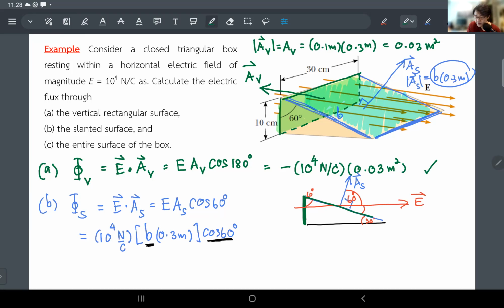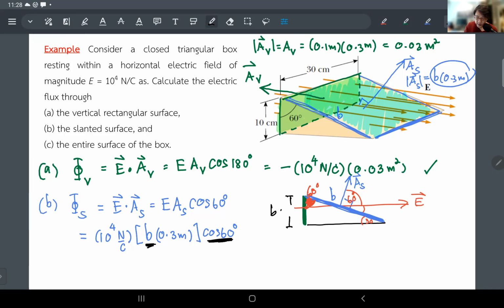Let me highlight that in blue, super thick over there. That's your B, right? The angle is 60 degrees. What you want is B cosine 60. B cosine 60 is this length right here.